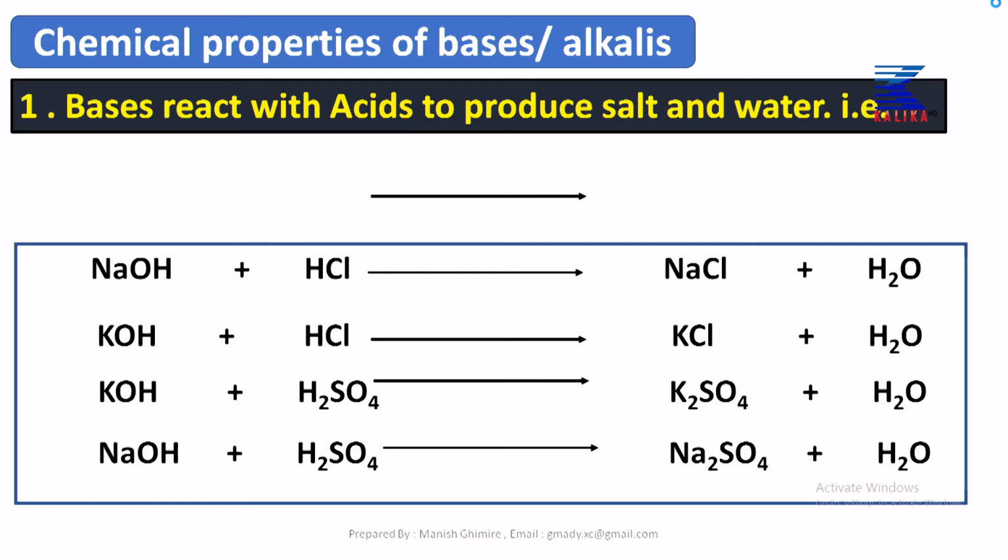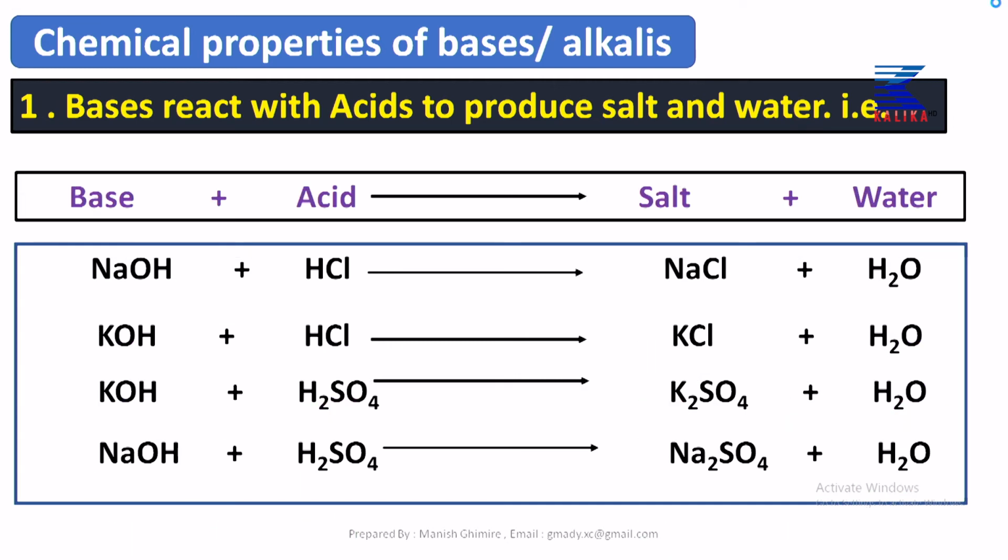Let us move to the next, chemical properties of bases or alkalis. You can see on the screen, there are 4 different chemical reactions mentioned: base plus acid, salt and water. This chemical reaction we already talked about a number of times in previous topics.